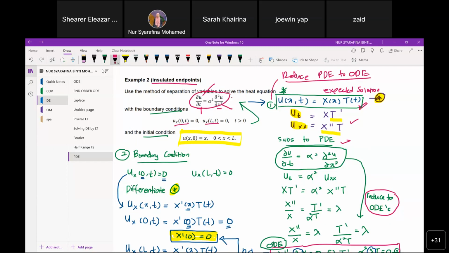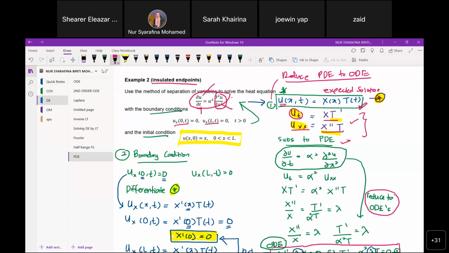In the PDE, we have ∂u/∂t, so you should have u_t. Differentiating u with respect to t, we have X T'. And then we have ∂²u/∂x², so you should have u_xx. We differentiate u with respect to x twice, so we have X'' T.